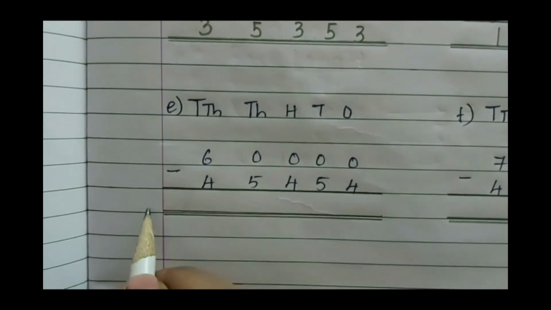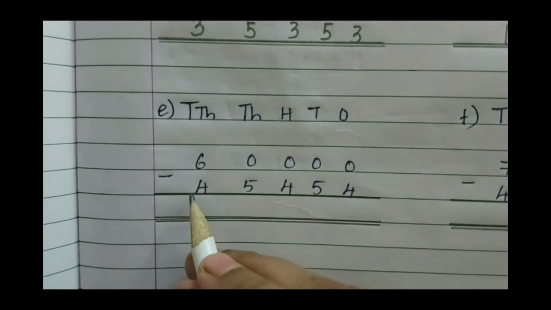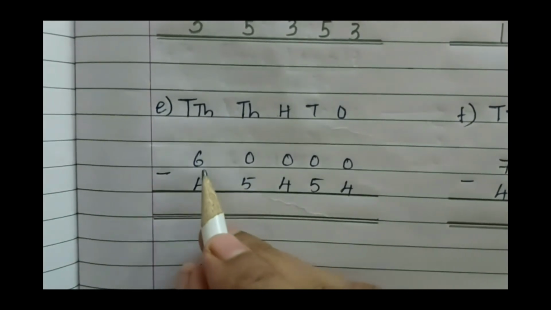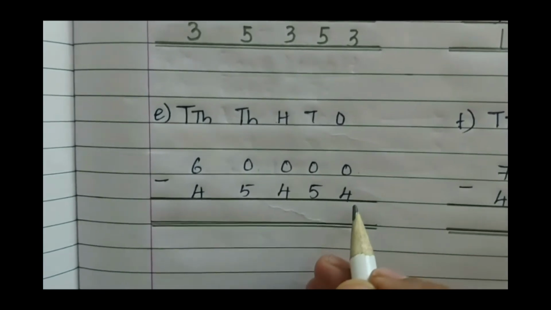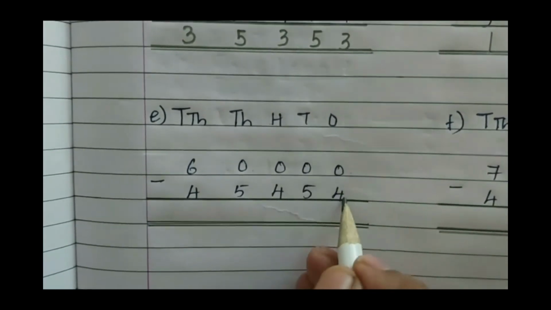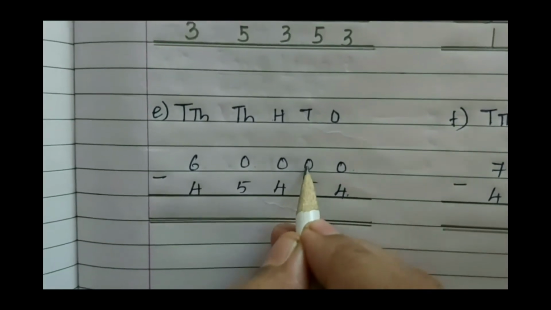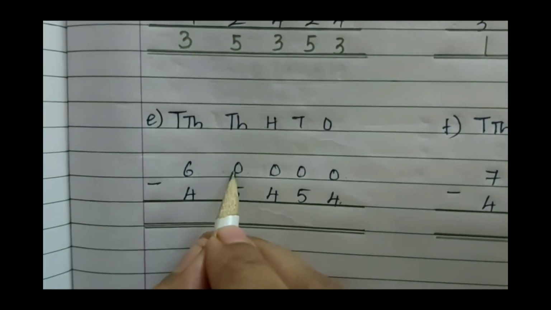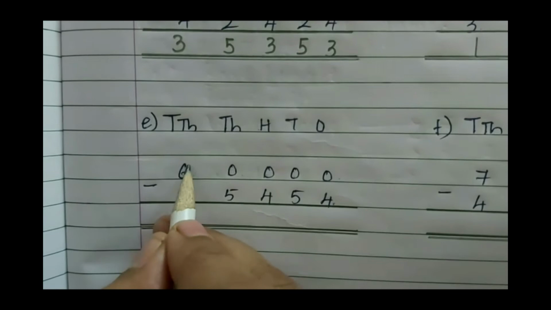E1. See, it is directly 60,000 minus 45,454. So 0 minus 4, it is not possible. We have to borrow from neighbor. Neighbor also is 0. So we are going to the next number. Then with the same thing again 0. So we can't subtract. So we are going to borrow from the digit, that is 6.